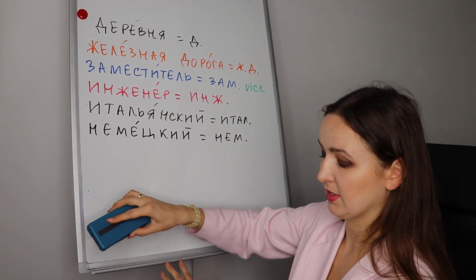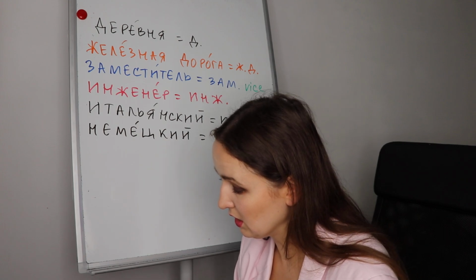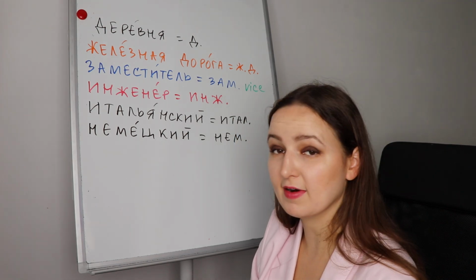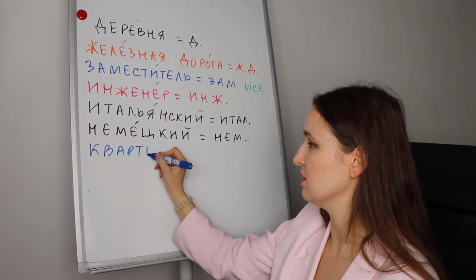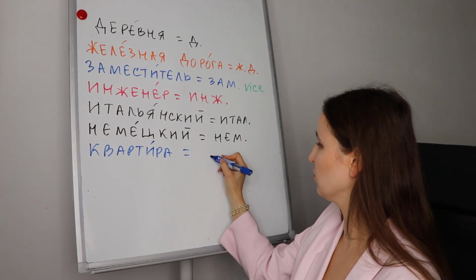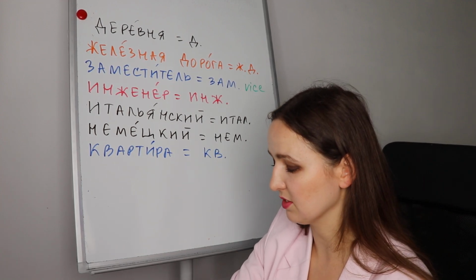Итак, дальше, another one is квартира, apartment. Квартира is an apartment, and we abbreviate it as КВ. Квартира, apartment.